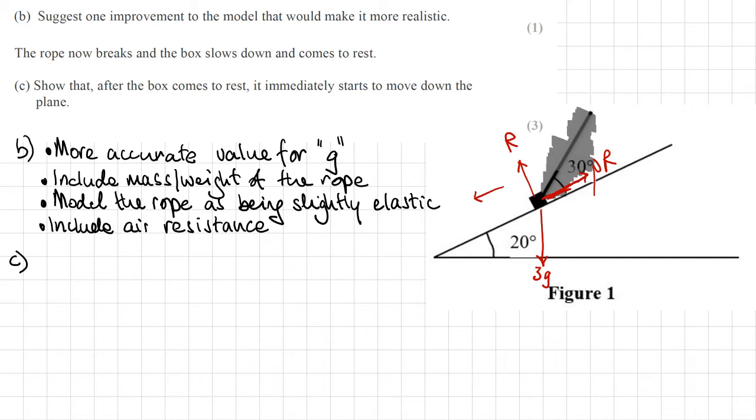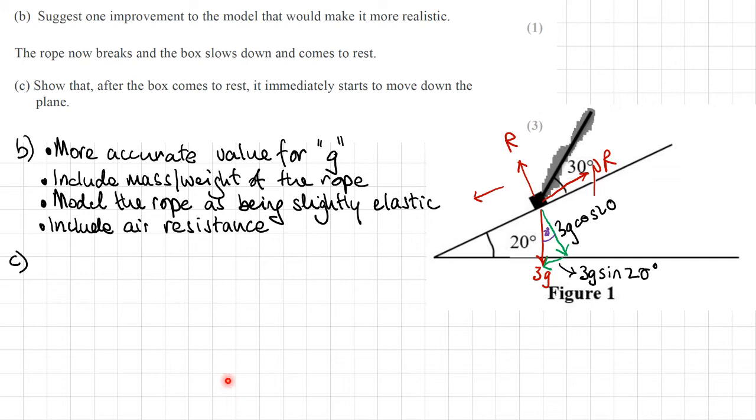So this time the only components we need to find are these two. So we've got 20 degrees here, and then we have 3G cos 20 and 3G sin 20.